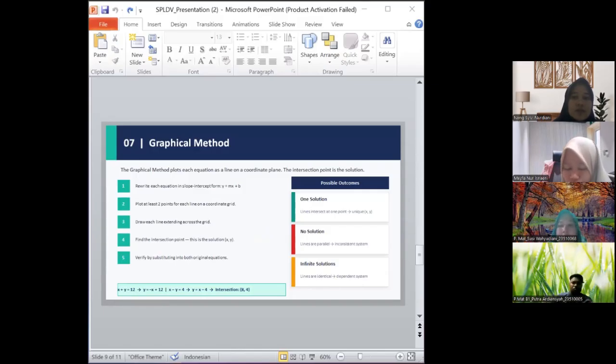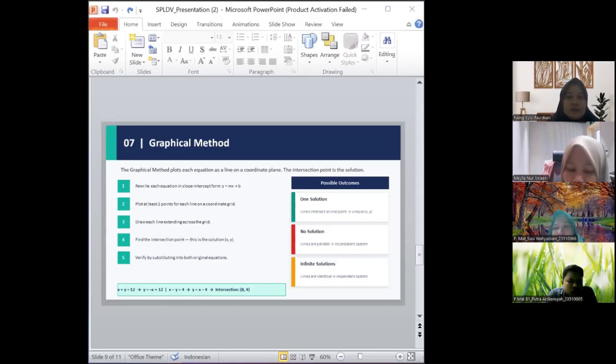For x plus y equals 12, we can rewrite it as y equals minus x plus 12. For x minus y equals 4, we get y equals x minus 4.